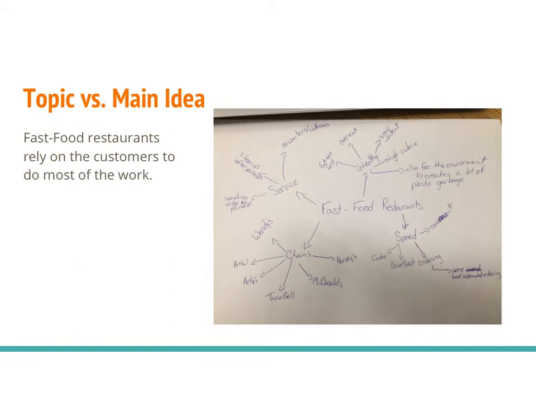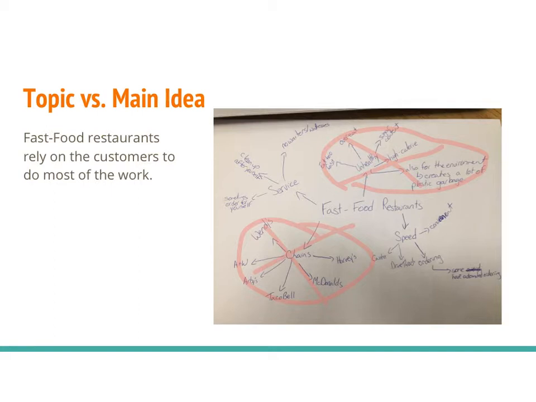Here's another one. The main idea is that fast food restaurants rely on the customers to do most of the work. So again, if we go through here, now this section that I used before is not related to my main idea. The chains, again, unless I would use these as specific examples explaining how McDonald's makes you do all the work and stuff, but overall just a list of chains wouldn't help you do the work.